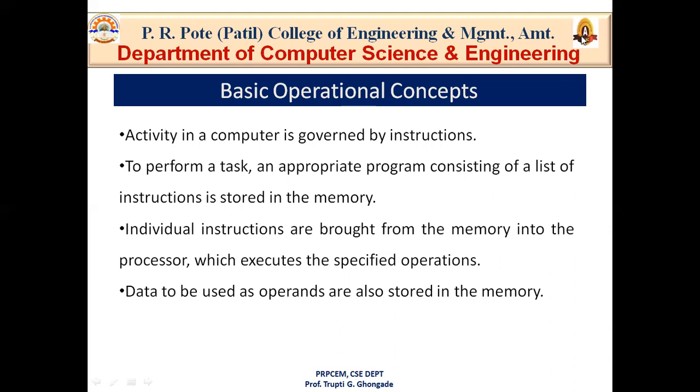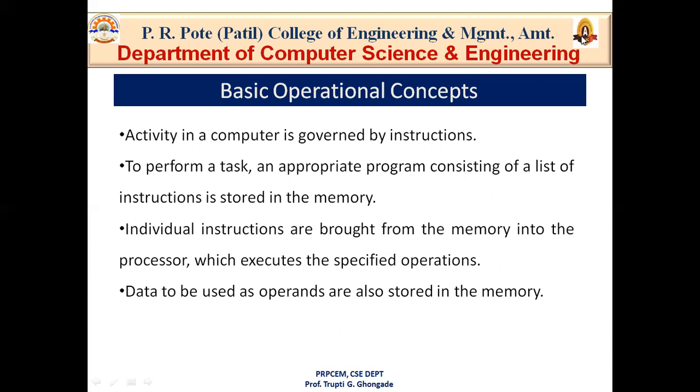So after execution, your result is either given to the user through an output device. For example, if you are performing addition, like 3 plus 5, the result 8 will be given to the user through the output device, that means through the monitor, because your output will be displayed on your screen. Or it is stored in the memory for later use. For example, 3 plus 5 minus 2.